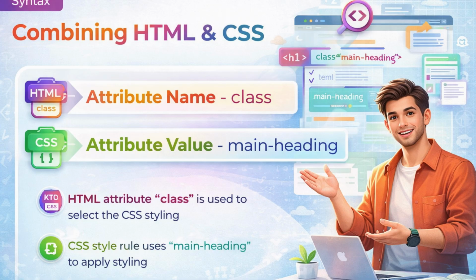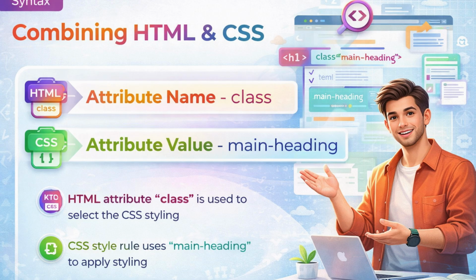Let's understand how HTML and CSS work together. Think of HTML as the structure, like the skeleton of a web page, and CSS as the design, making everything look beautiful and stylish. Here we have an HTML attribute called class. This class is like a name tag you give to an element. For example, main heading.